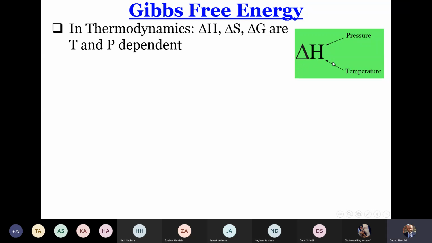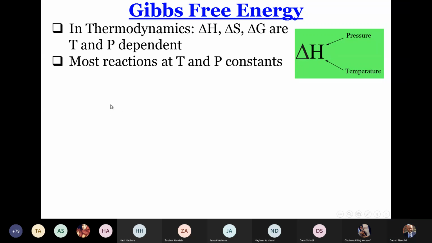So we write delta H, we put the pressure, and we put the temperature. And since most reactions take place at constant T and P, we can write delta H at P, T. For example, delta H0 298 means that this reaction is realized at constant temperature 298 and constant pressure 1 bar.